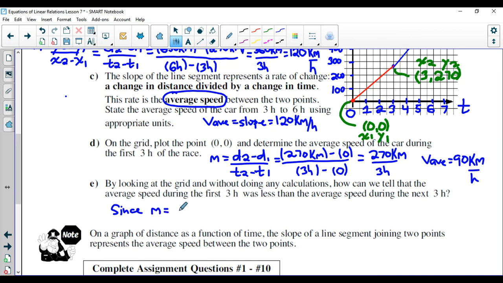Since m, which is your slope, is your average speed, the car moves faster from 3 hours to 6 hours because the slope is steeper.